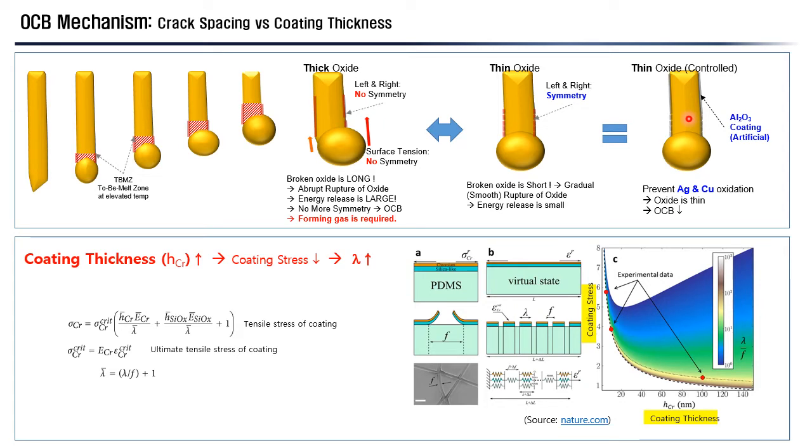As a result, we can control the OCB formation. At the bottom, you are seeing a typical mud crack of a very thin coating. Here, this particular paper describes the stresses in a coating layer as a function of a coating thickness.